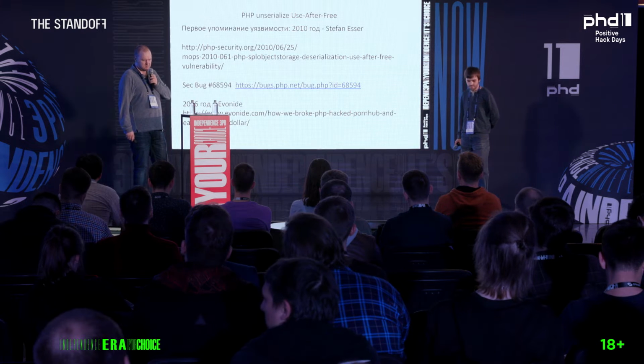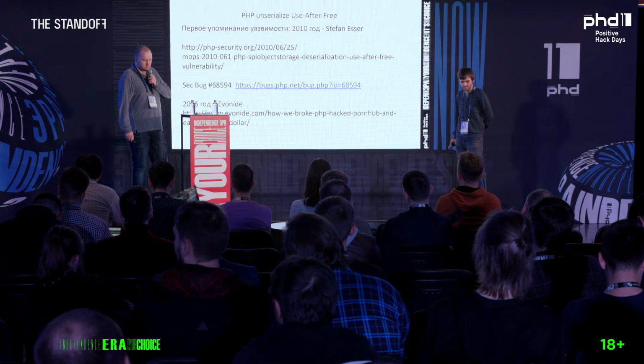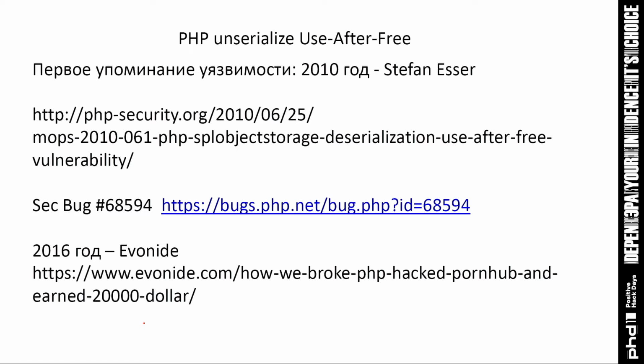And he was talking to us about the technique, but not about particular exploits and how to deal with it and how to check web applications for vulnerabilities. These are the mentionings of his presentations, and then Evanid suggested a new way of exploiting this type of vulnerabilities.